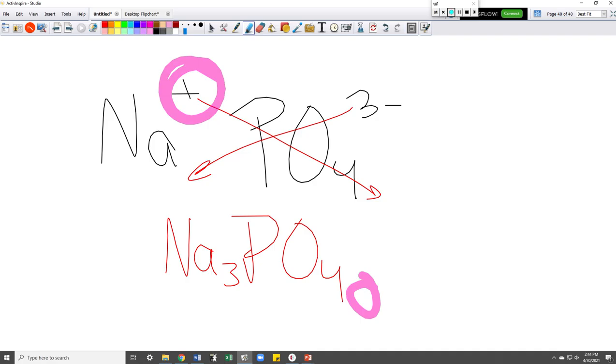That's what I was saying. So go back to the front and figure out if it's a metal or non-metal and what it should be based on that.